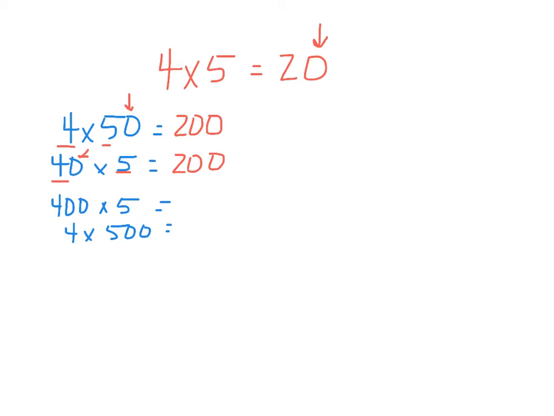And just like we've been practicing, 4 times 5 is 20. And then I have times 10 times 100. So I need to put on 2 extra zeros. So my answer is 2,000. And then the same thing with this one. We have 4 times 5, which is 20. And then 2 more zeros to add on.